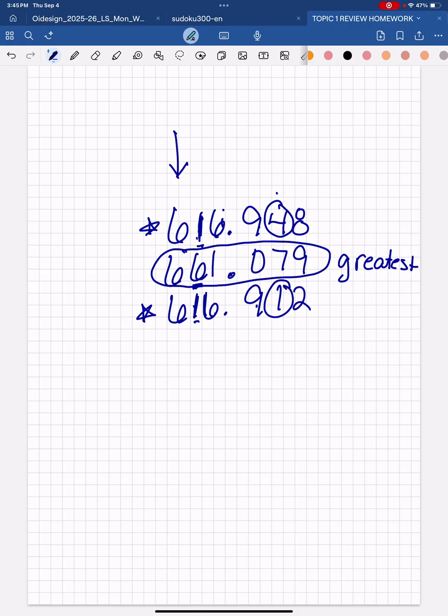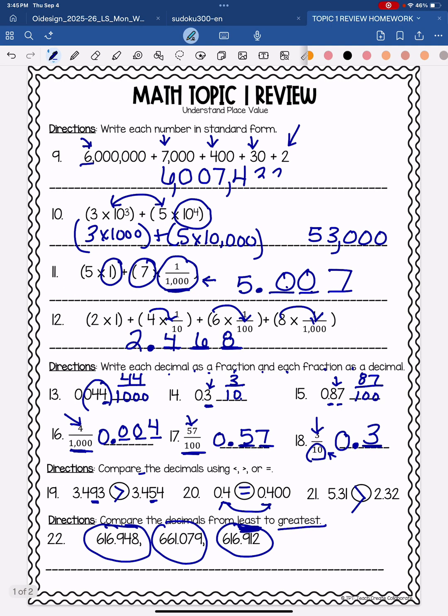Is 4 greater than or less than 1? That one's greater than, so this one means it's the least. This is the one that will go first. So this is the least. This one will go in the middle. And this one's the greatest. So if you wanted to, you can just number them 1, 2, 3.